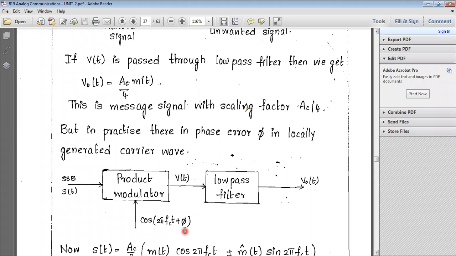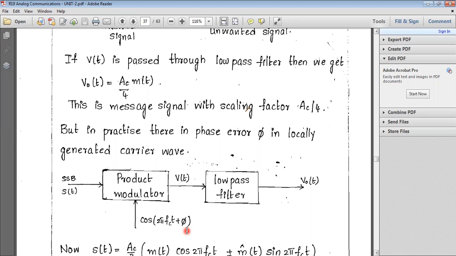Now draw the block diagram by taking the phase error as phi, since practically it is not possible to maintain the same carrier phase and frequency. That small error is considered as phi.